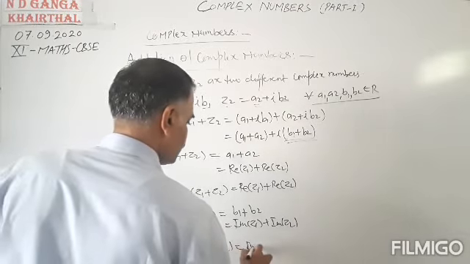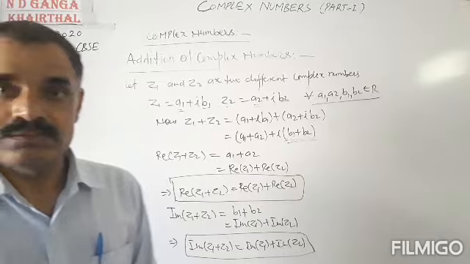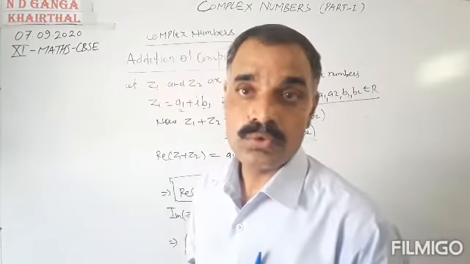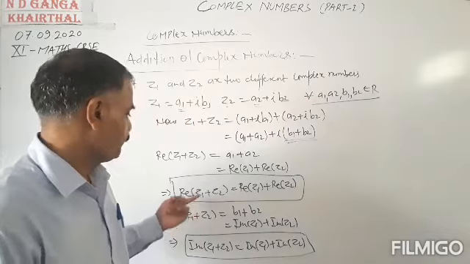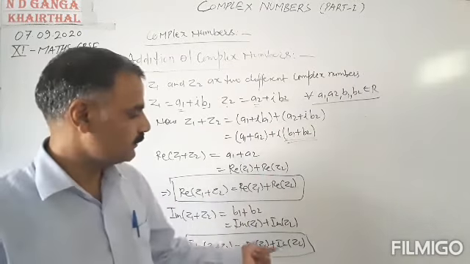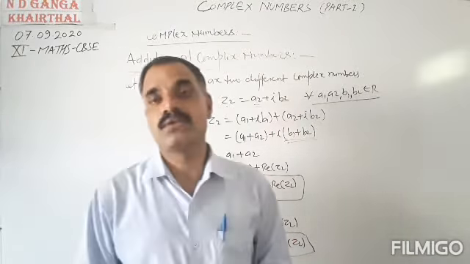So we have drawn two results after adding the two complex numbers. The real part of z1 plus z2 is equal to the real part of z1 plus the real part of z2, and likewise for the imaginary part. Now we can generalize this result for more than two complex numbers.